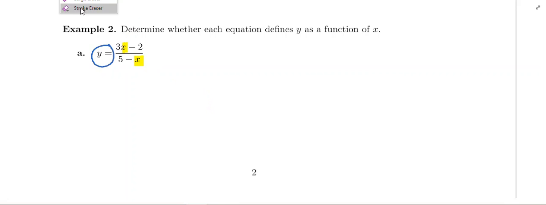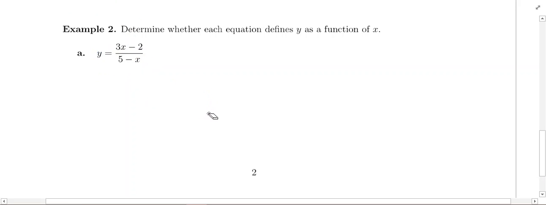Once your equation is solved for y, you can work with it and try to determine whether or not this is a function. What we're going to do is plug in x values. We're always in charge of x, and you can plug in anything you want, for the most part. We are going to try to figure out, does every input have a single output?